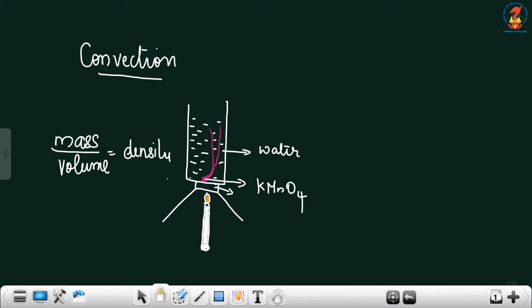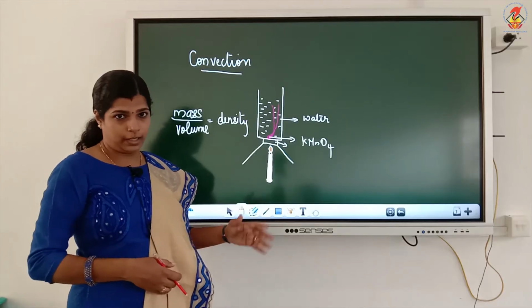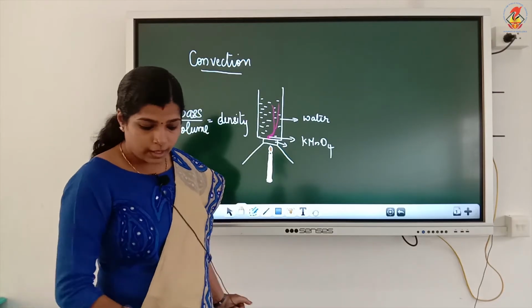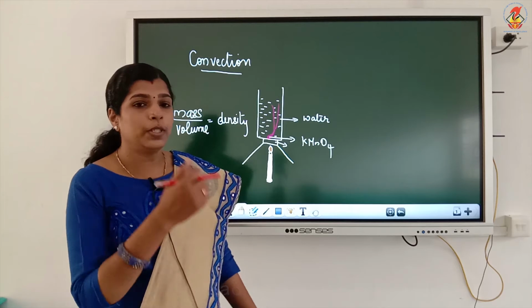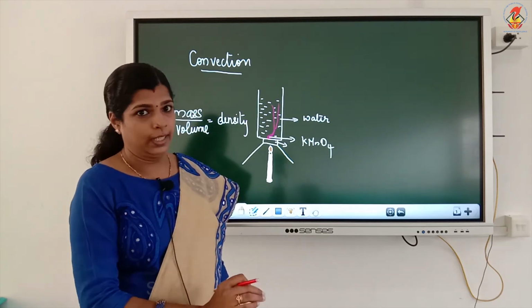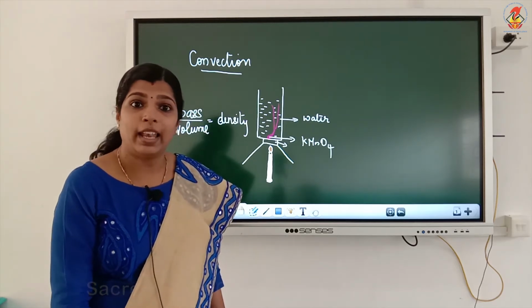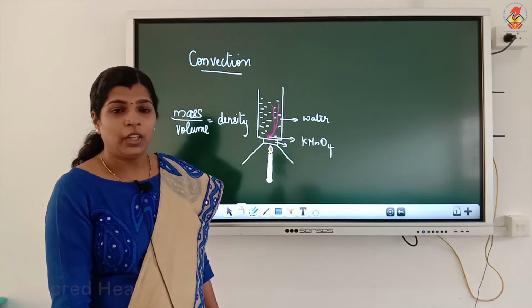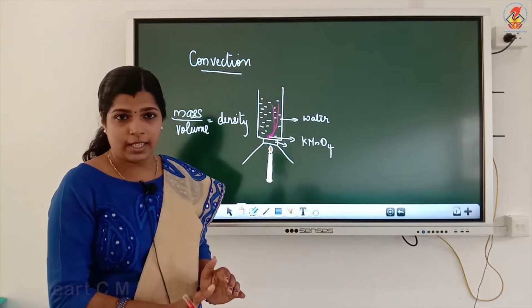So when the volume increases without changing the mass, the density will decrease. If an object has less density, it is lighter.